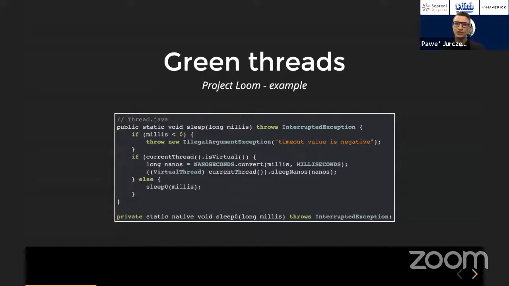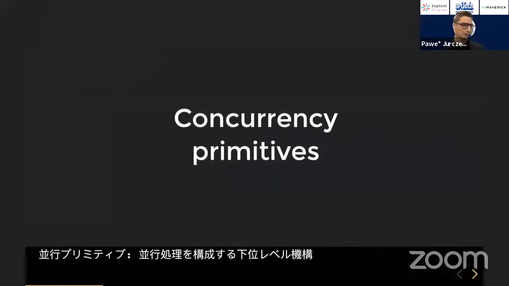So most of the JDK will benefit from virtual threads. I used the word most because it won't be 100%. There will be, unfortunately, some corner cases where blocking on top of a virtual thread will also result in blocking of the underlying JVM thread, but those will be corner cases.